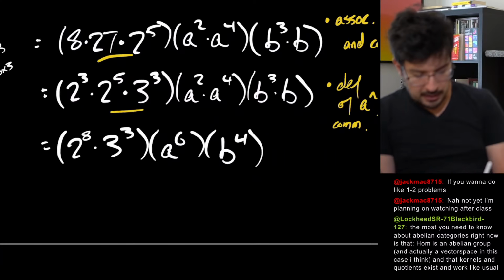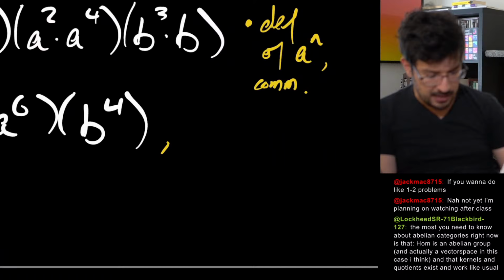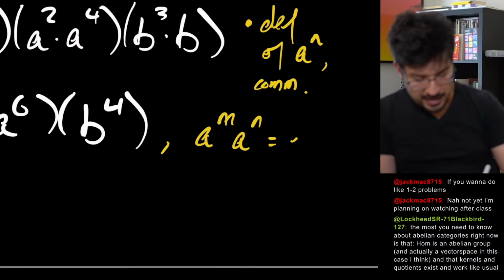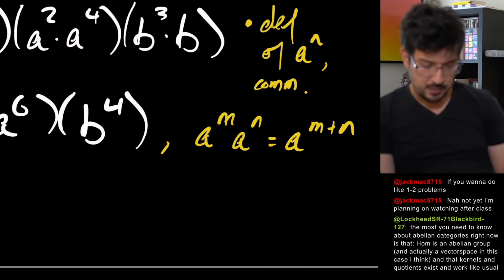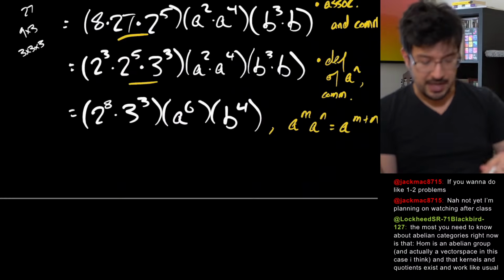And the property to justify this step is that a to the m times a to the n equals a to the m plus n. This is a property that we've proved in the section.